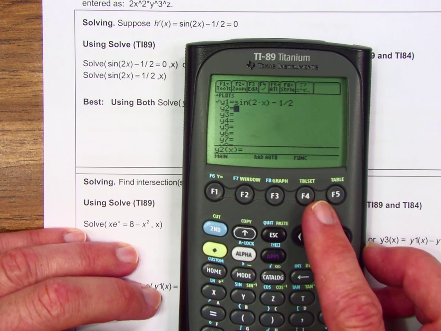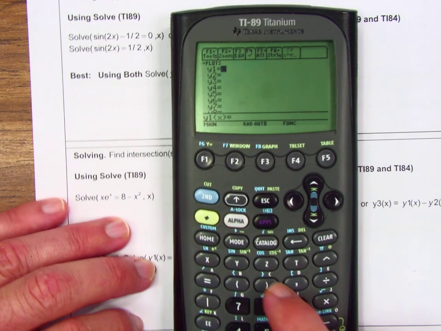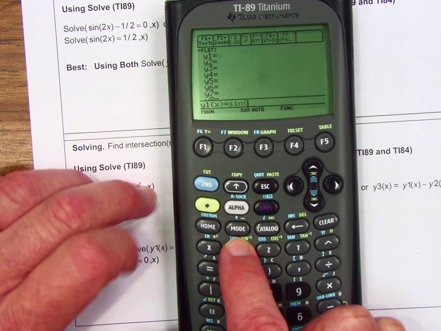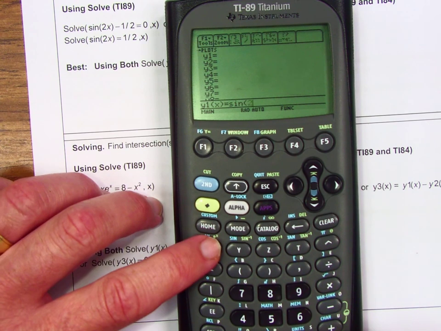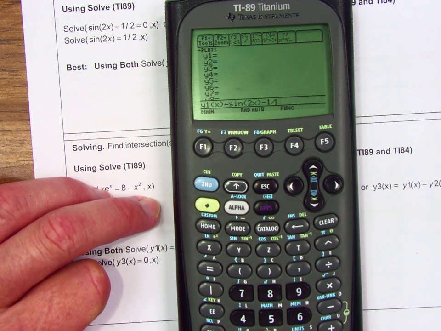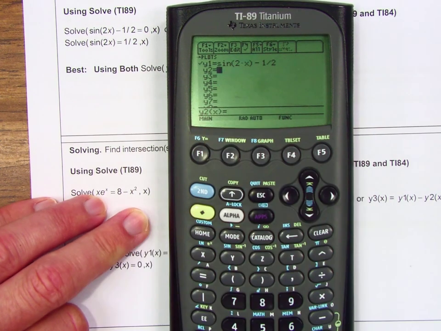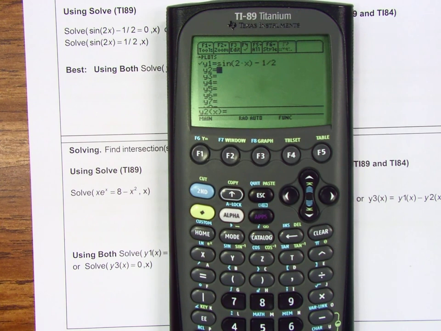It's already typed in, so I'll clear that out. The sine is here. I'm going to do the sine of 2x minus a half, and it will leave that as a fraction. If you notice, that little dot in between tells us that it's truly a multiplication.